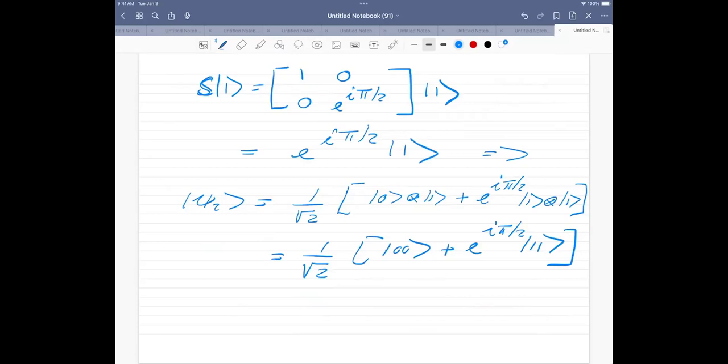So it's important to keep this in mind in connection with the so-called phase estimation algorithm. And this feature which you see now is something which we are going to use when we look at the phase estimation algorithm.